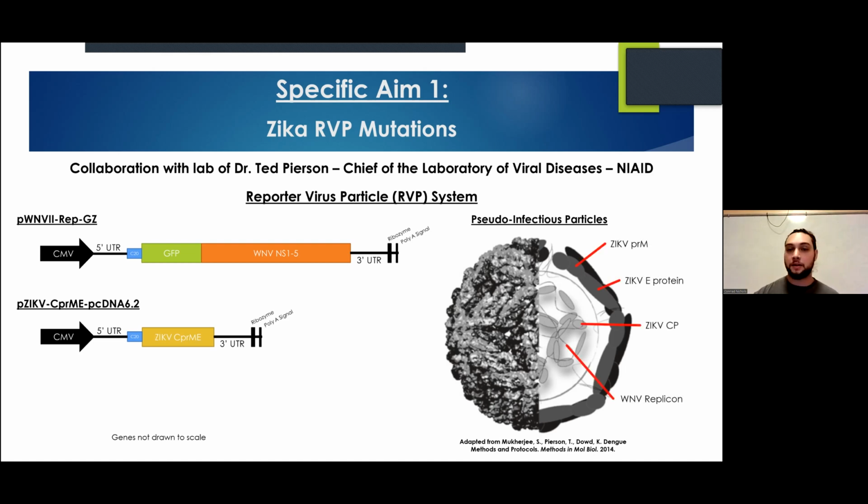These contain Zika structural proteins, but a West Nile virus replicon, in this case, a West Nile virus replication machinery. Now what this does is it allows me to use fluorescent cell counting. I can check to see which cells are green, and if they're green, that means they've been infected. And then it helps me kind of reduce my screening of mutants down from 9 days to only 5.